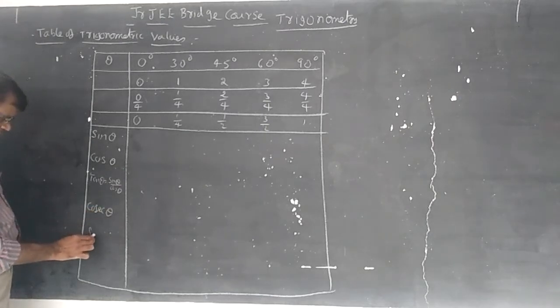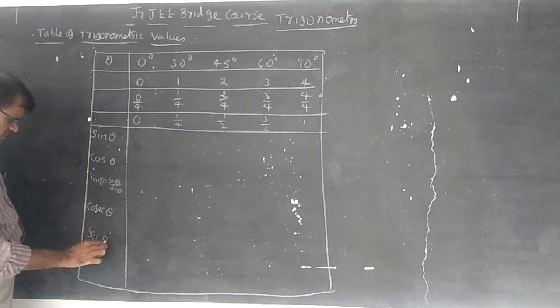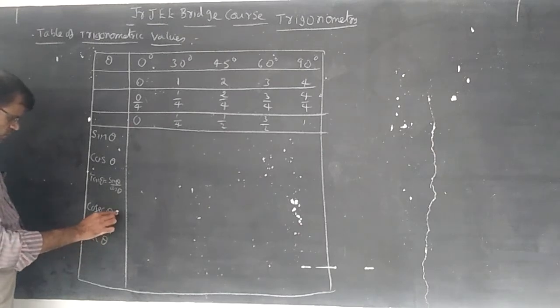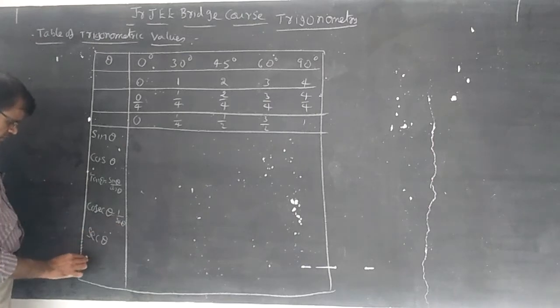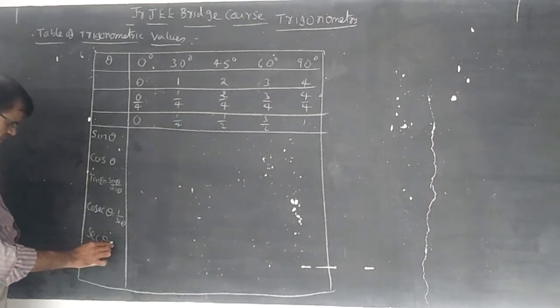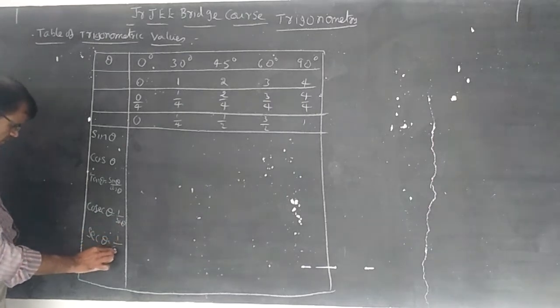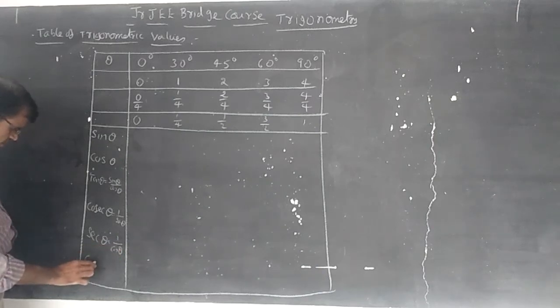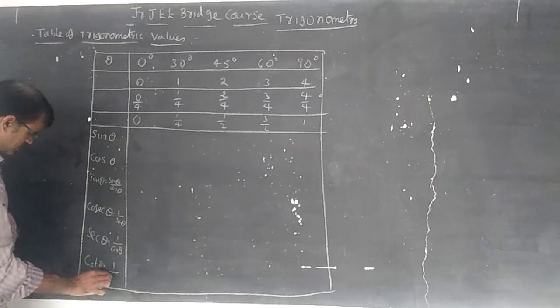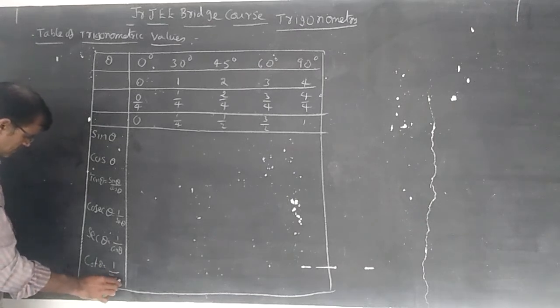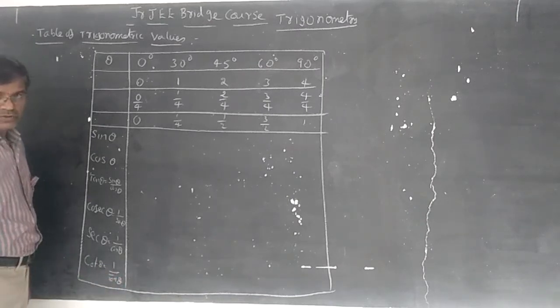Next, cosecant theta and secant theta. Cosecant theta is equal to 1 by sin theta. Secant theta is equal to 1 by cos theta. And cot theta is equal to 1 by tan theta.